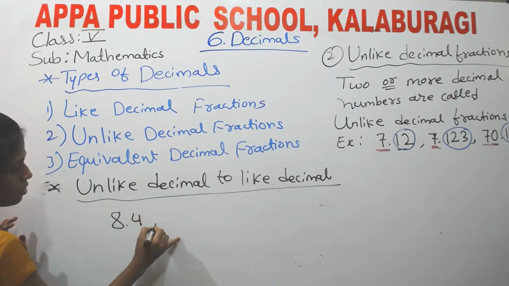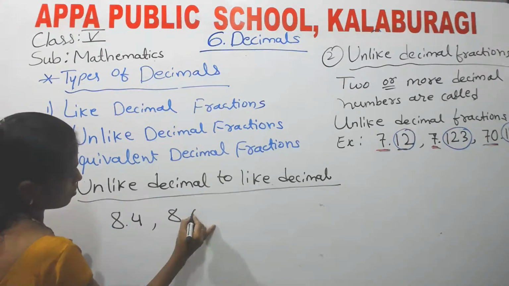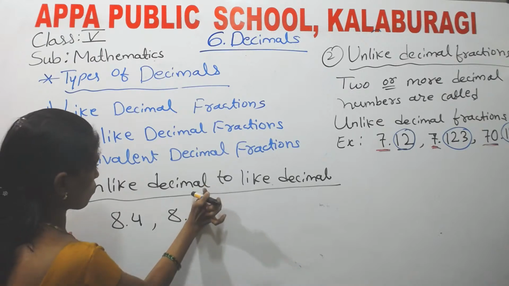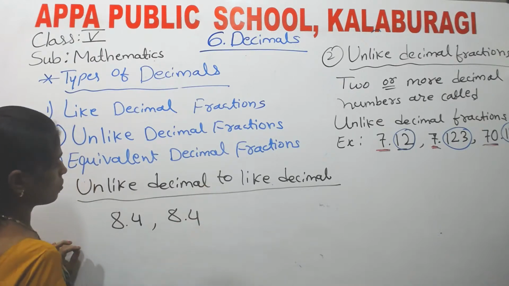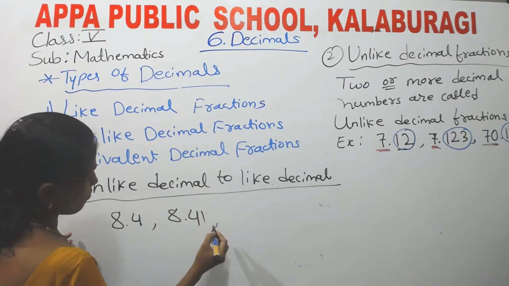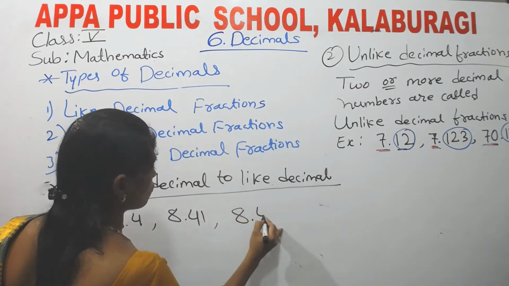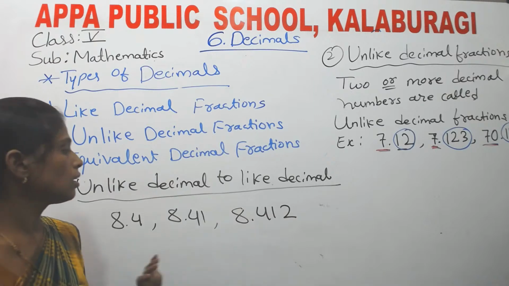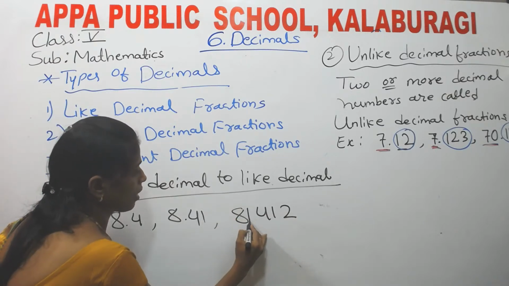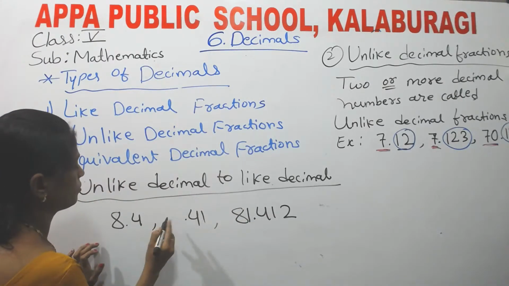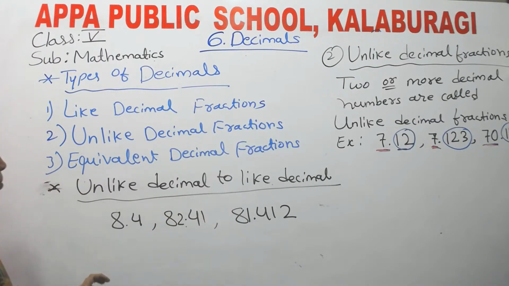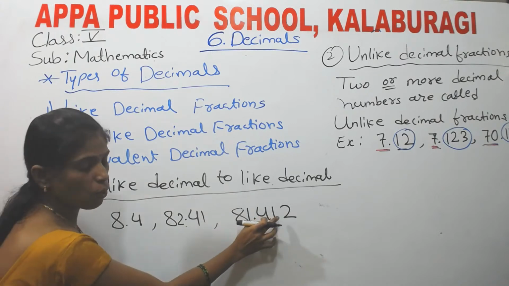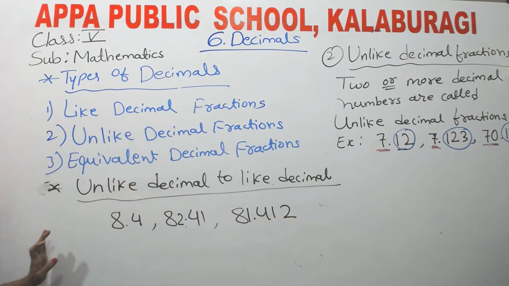For example, 8.4, 82.41, and 81.412. Here all are unlike decimals.